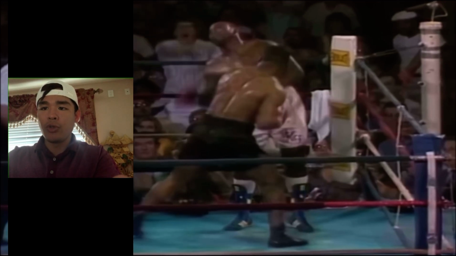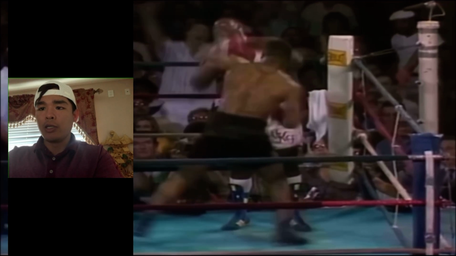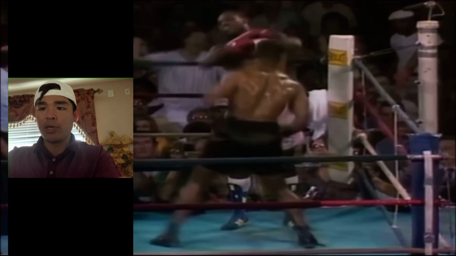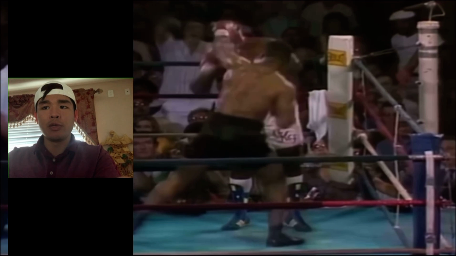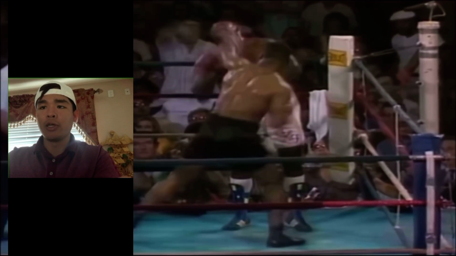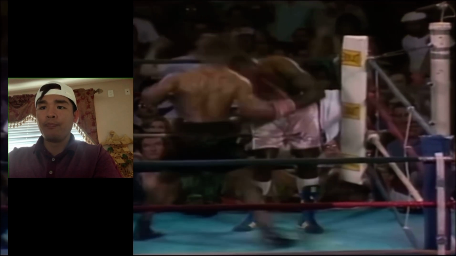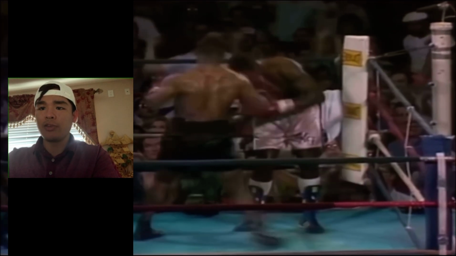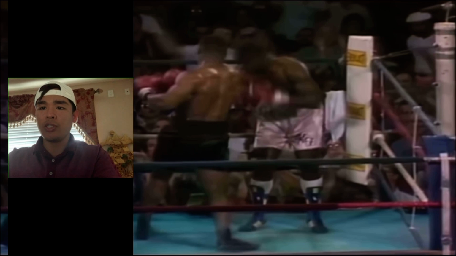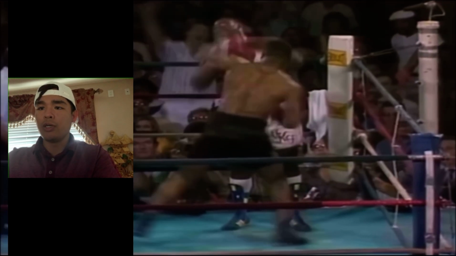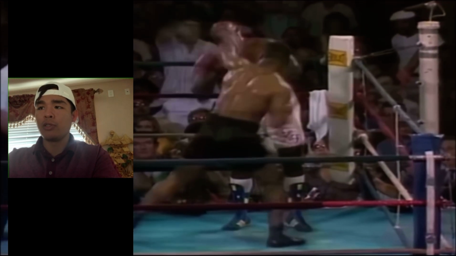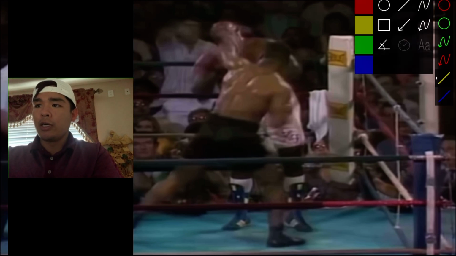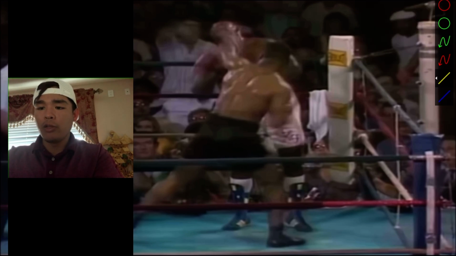So I want to show you how Mike Tyson loads and unloads these spirals while throwing a couple punches, throwing a hook, throwing a jab, and let's see it. So it's a little bit different than the other spirals that I showed you guys, but still a lot of it is very similar. So right here, most of his weight, not all of it, most of his weight is right on this foot here.